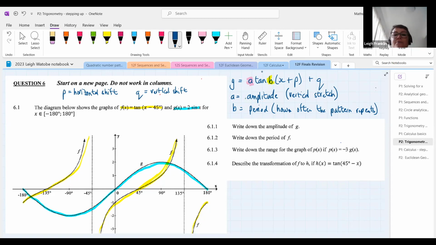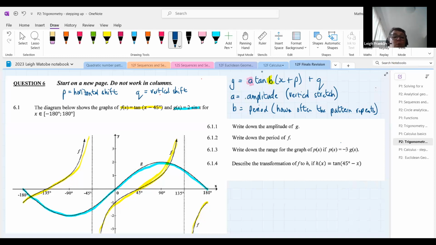If I have sine half x, it's going to stretch the graph horizontally. If I have sine 3x, it's going to squash the graph horizontally. So we've got to be aware of all of these things when we are working with our trig functions.